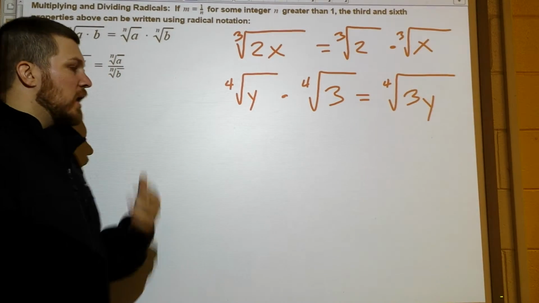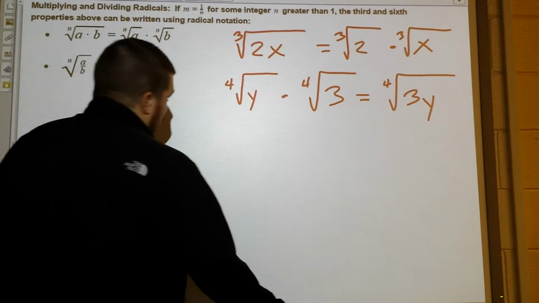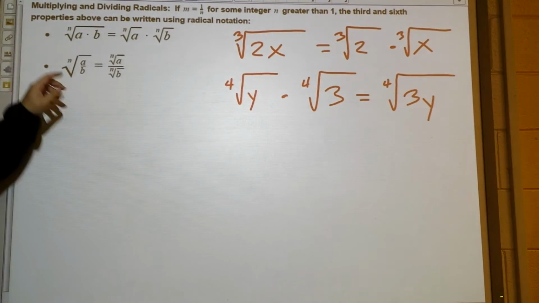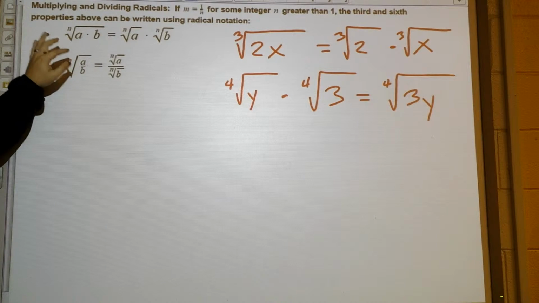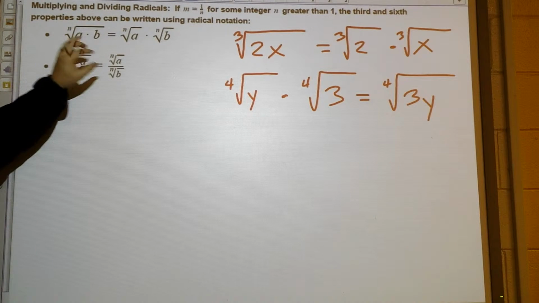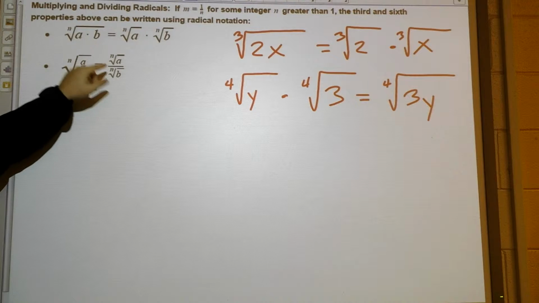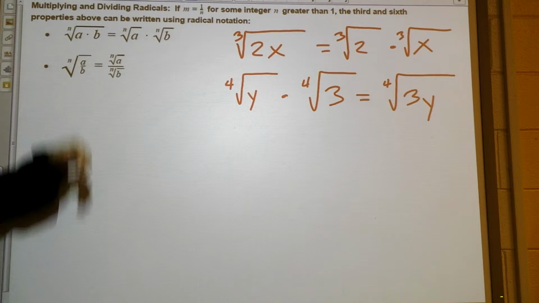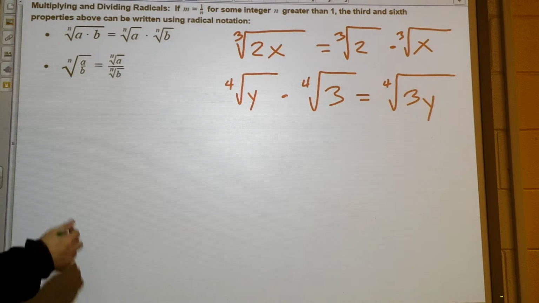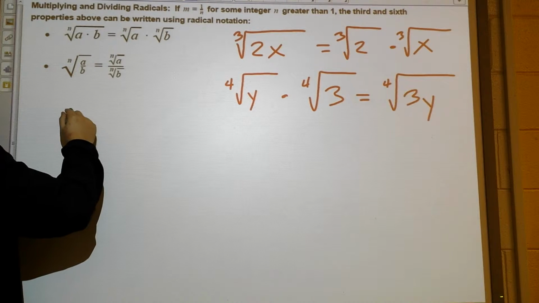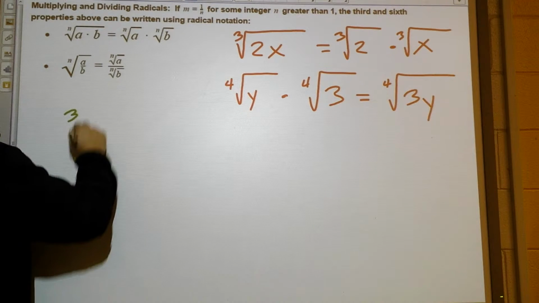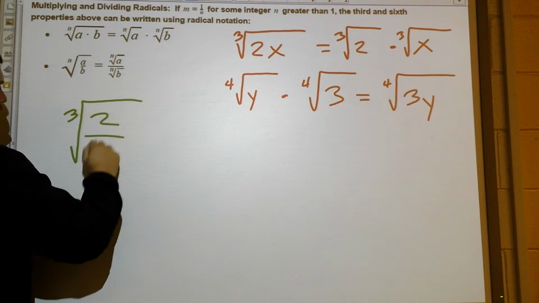That's for multiplying. Now we're going to do the exact same thing, but with dividing. Okay, so if you're dividing underneath the same root, you can split it up into 2 separate roots that are divided using the exact same index. So let's suppose we have the cubed root of 2 over x.